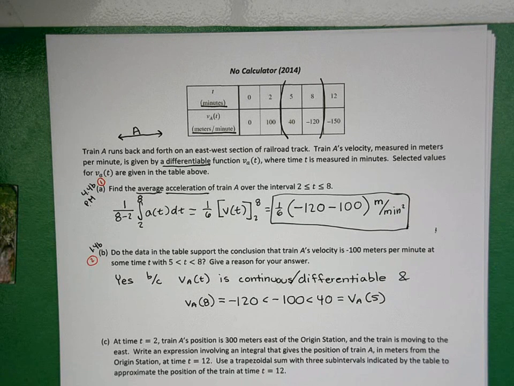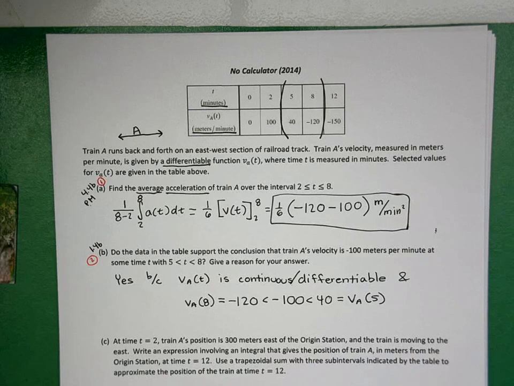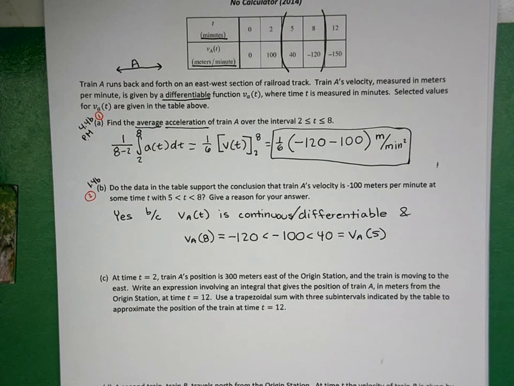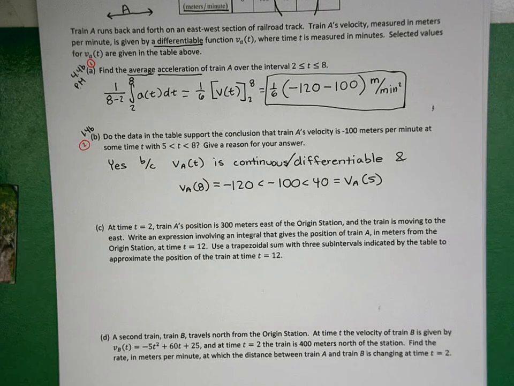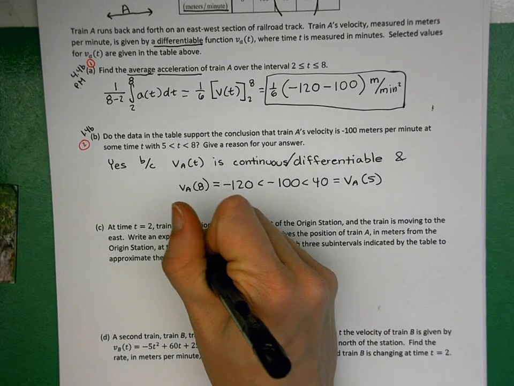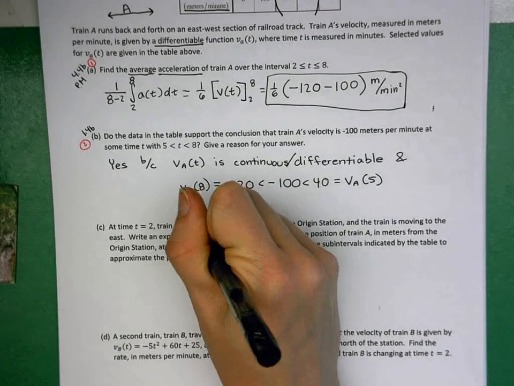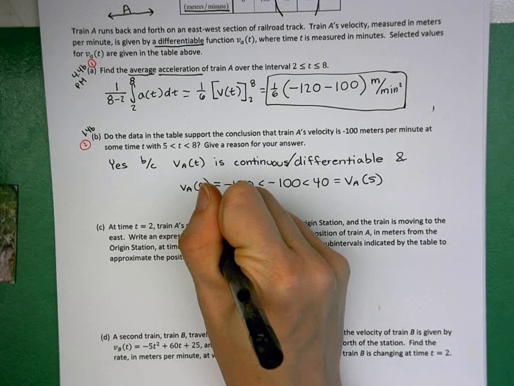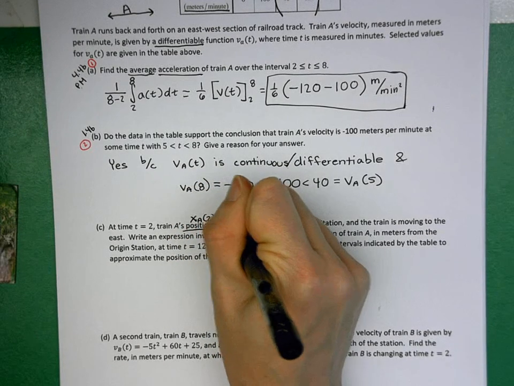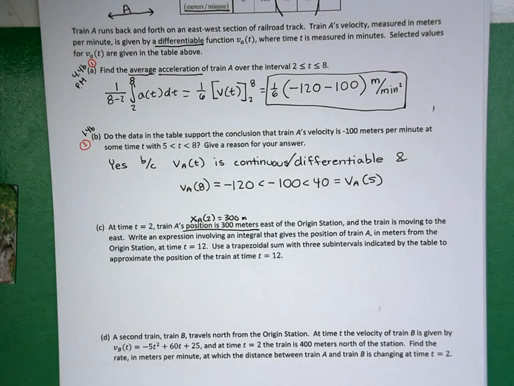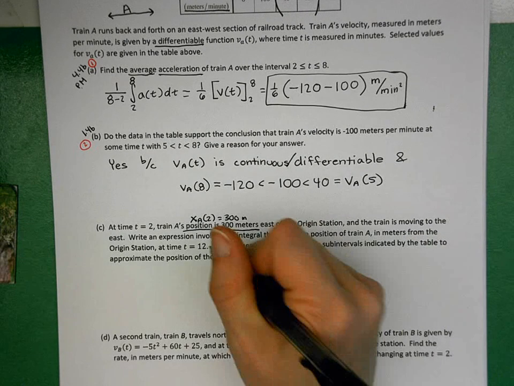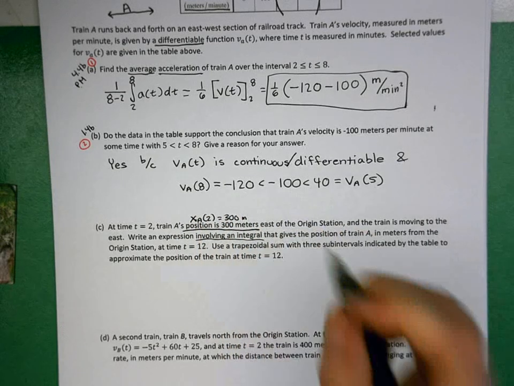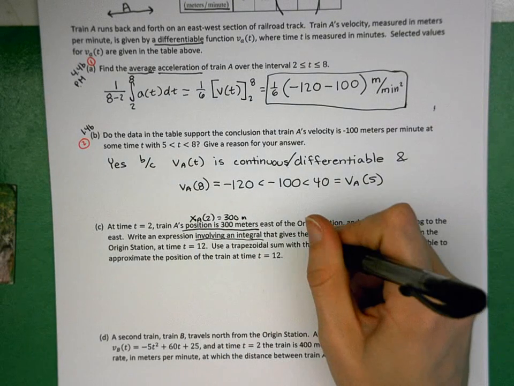Okay, part C. We have at time t equals 2, train A's position is 300 meters east. So I've got here some position of my train at t equals 2, and the train is moving east. Write an expression involving an integral that gives the position. Well, this comes out of particle motion, technically speaking.